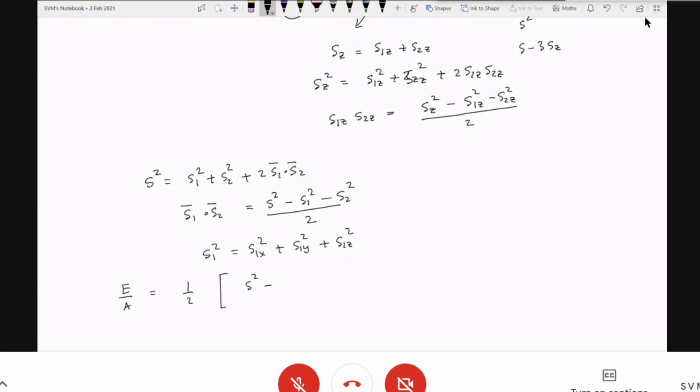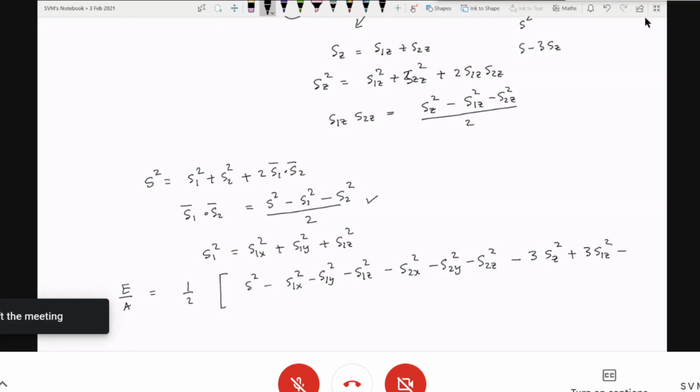S square minus S1x square minus S1y square minus S1z square minus S2x square minus S2y square minus S2z square. That much is over with this minus 3 times, so 3 times Sz square plus 3 times S1z square plus 3 times S2z square.